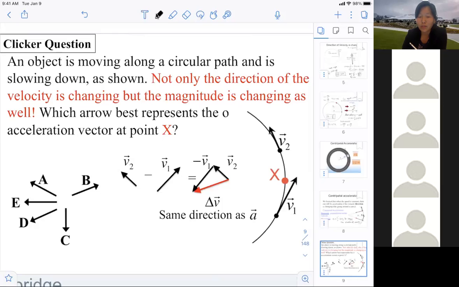So my point is, if your speed is constant, then yes, your acceleration will be perpendicular to your velocity. But if you are not at a constant speed, then the acceleration will not be perpendicular. Okay. Yeah, which is the case here.